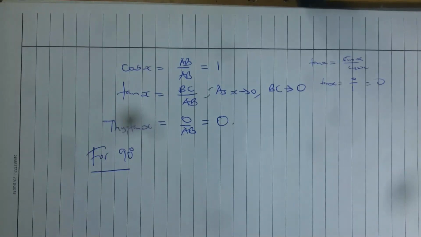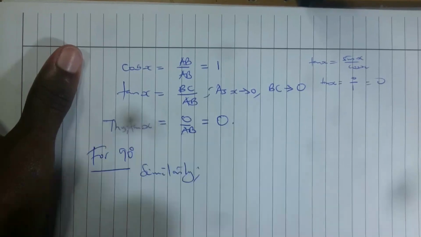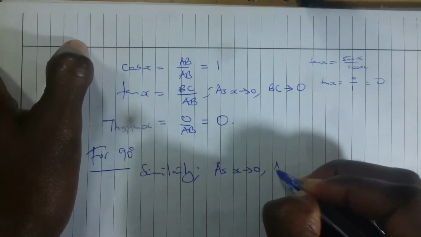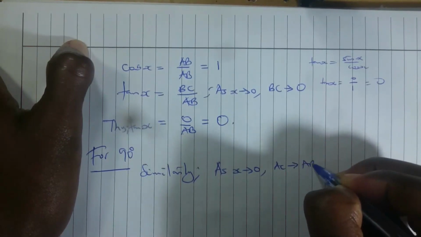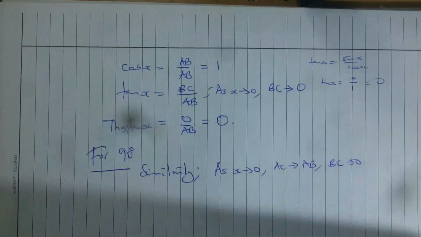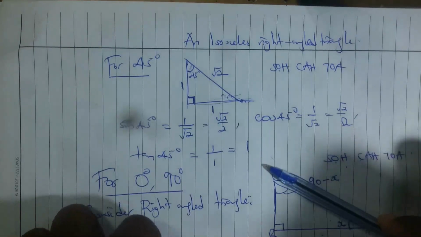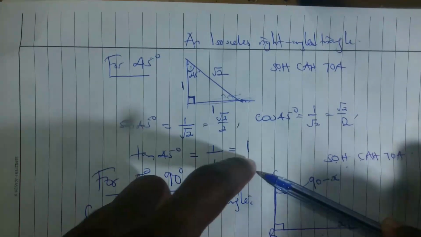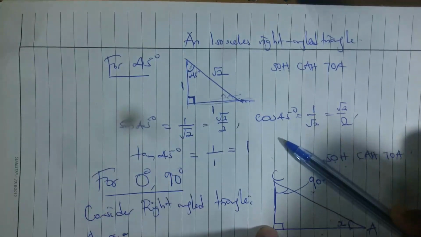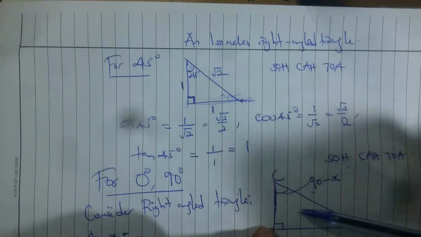Similarly, we're going to use the same conditions. As x tends to 0, we have AC still tending to AB, and we have BC tending to 0. But we have to remember this angle now. As x tends to 0, BC goes towards this point and this line comes to rest here. That means at one point this line would just be like this base.